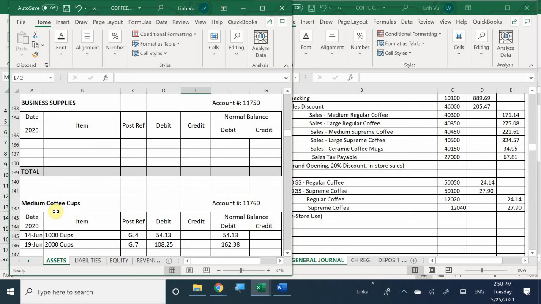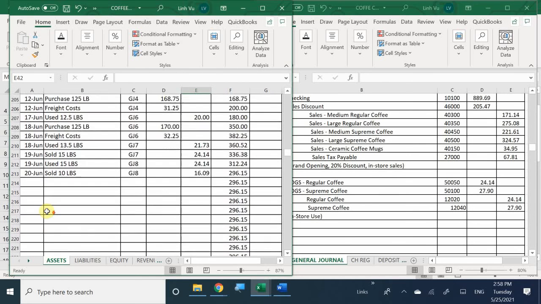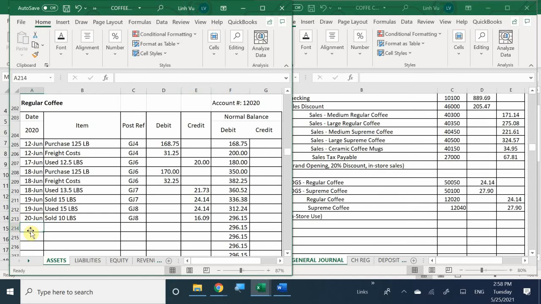Okay, so let's see. Regular coffee. Here we are. Regular coffee. 6/20, used 15 pounds. GJ9, credit 24.14 for a running balance of 272.01.